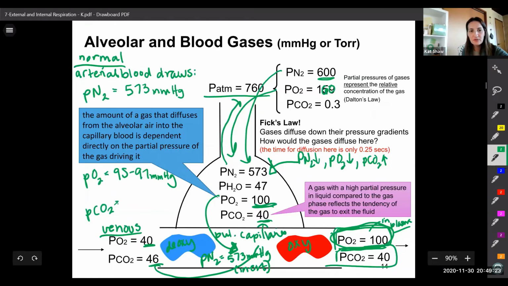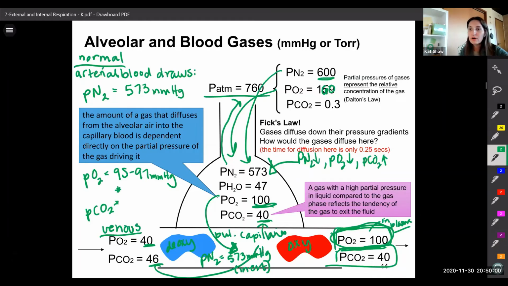But we can see 100% saturation with the arterial blood, mainly because the oxygen that diffuses first to the tissues is that which is in the plasma, before we begin to see the oxygen associated with the hemoglobin in the red blood cells begin diffusing to the tissues.